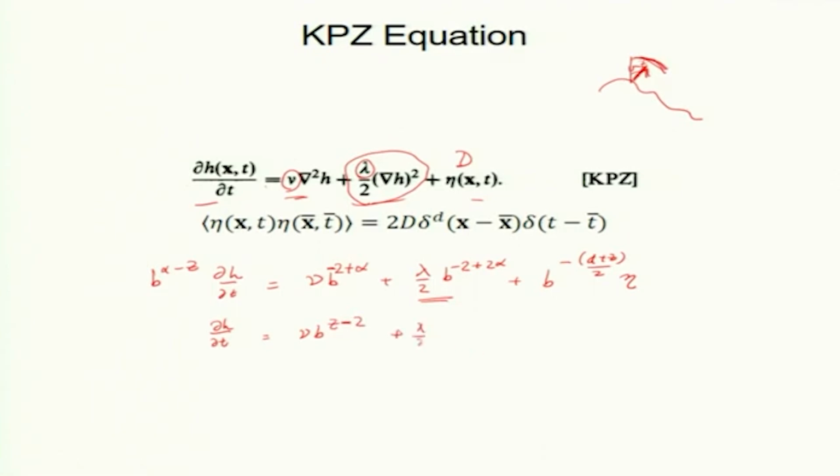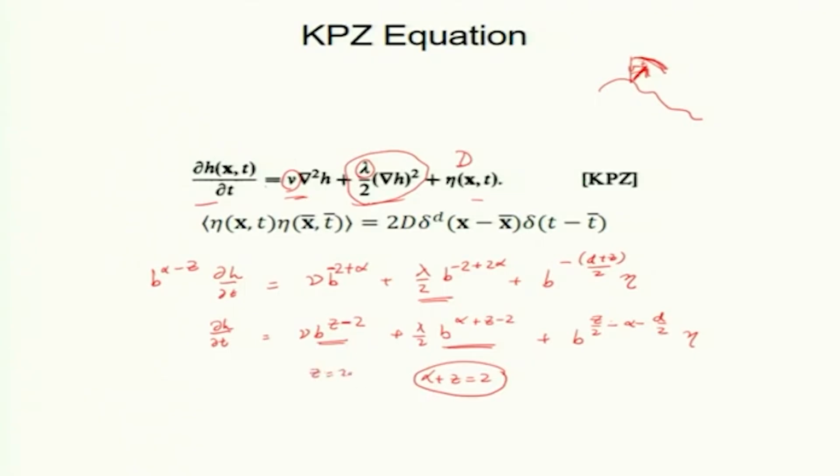The new term is lambda by 2 b to the power alpha plus z minus 2, where one alpha cancels with the other alpha. The last term becomes z by 2 minus alpha minus d by 2 for eta. From this relation, what do I get? Alpha plus z equals 2. Now, what will I get from here?